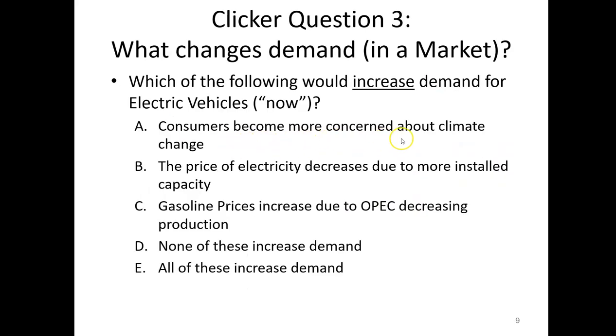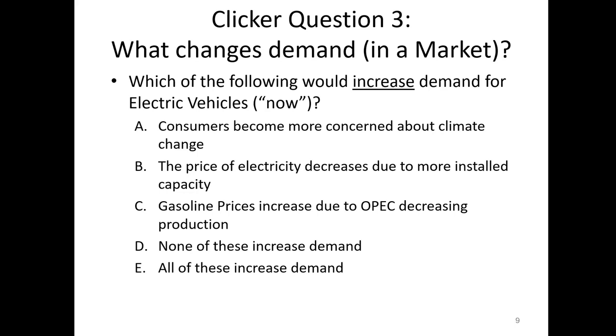If people become more concerned about climate change, they're more likely to be willing to spend that 40,000 for the electric vehicle, so some more people would buy it. If the price of electricity goes down, and you have an electric vehicle, you need to power it with electricity. So if the cost of powering that vehicle goes down, your ownership cost goes down, so there's more incentive to buy that electric vehicle.